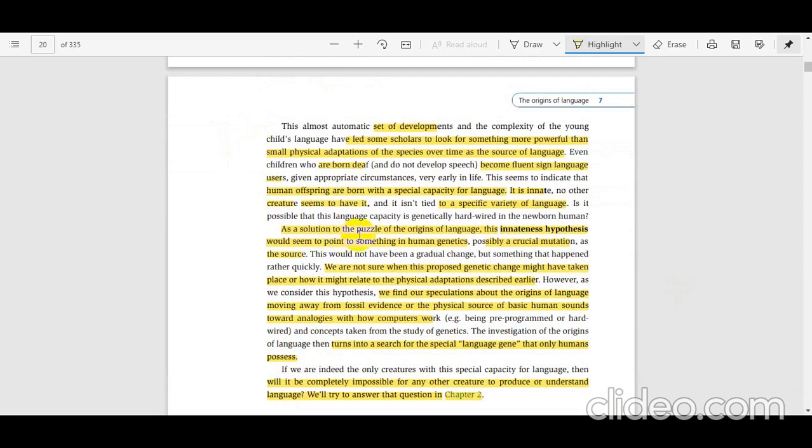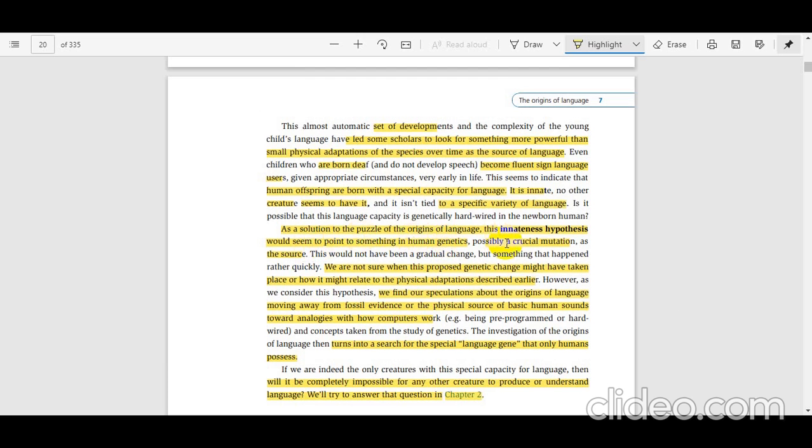Now, as a solution to the puzzle, this is very shaky actually, because still we don't know how to solve this puzzle of the origin of language. This innateness hypothesis, فرضية الفطرية التي يمتلكها الإنسان, of course, would seem to point to something in human genetics, possibly a crucial mutation.